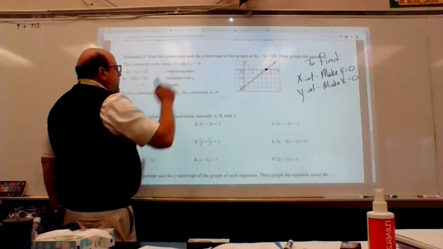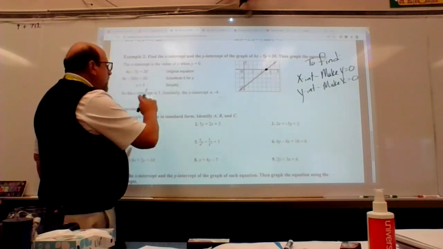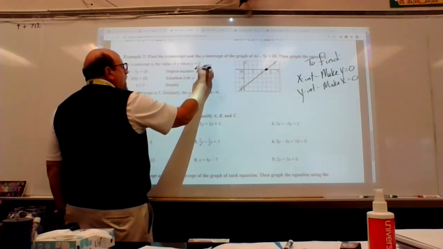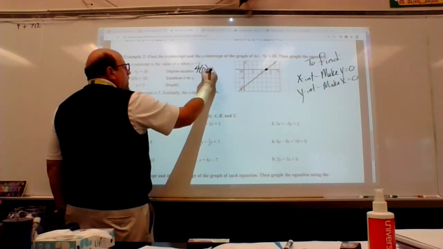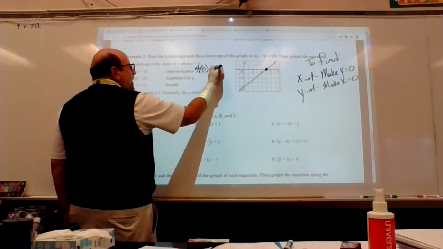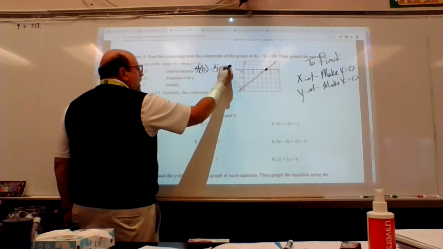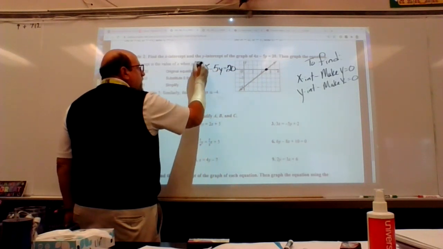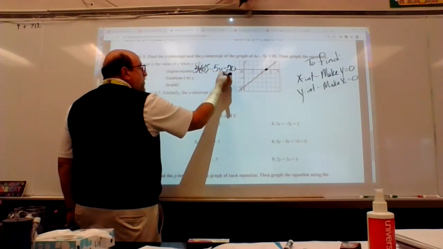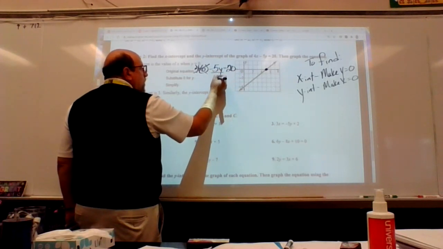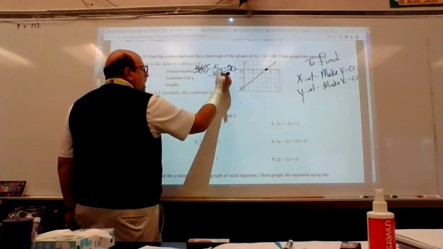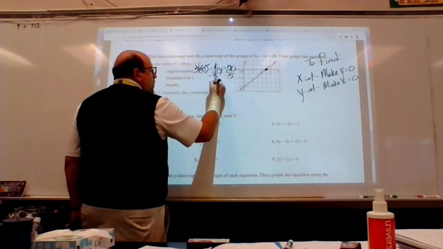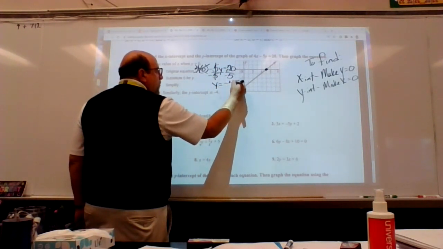So let's go ahead and find the y-intercept. If we want to find the y-intercept, we take our 4, we make x 0, negative 5y equals 20. Okay, well, if that's 0, negative 5y equals 20, we divide by negative 5, divide by negative 5, and y equals negative 4.